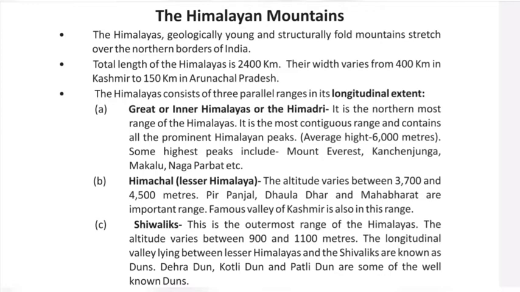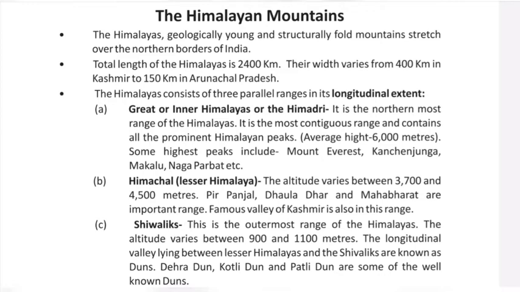The range lying to the south of the Himadri forms the most rugged mountain system and is known as Himachal or Lesser Himalaya. The ranges are mainly composed of highly compressed and altered rocks. The altitude varies between 3,700 and 4,500 meters and the average width is 50 km.